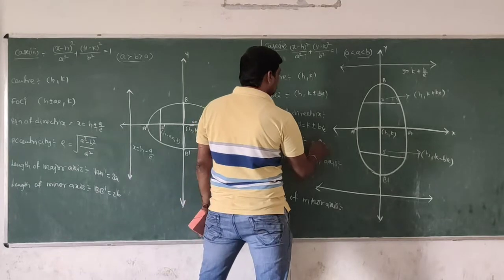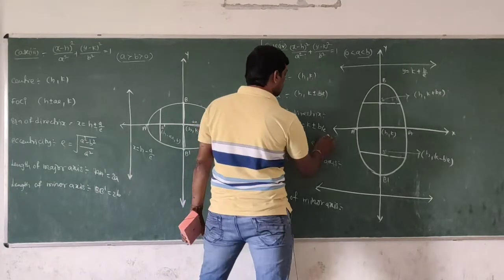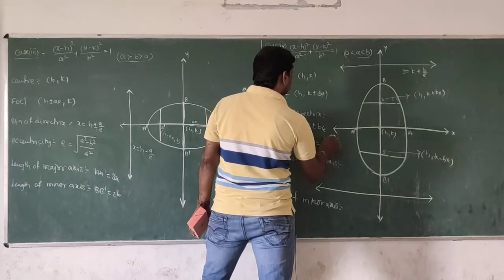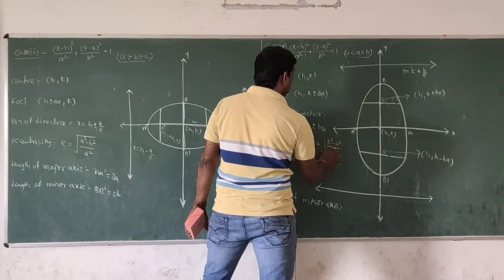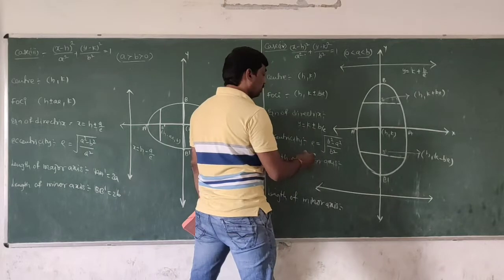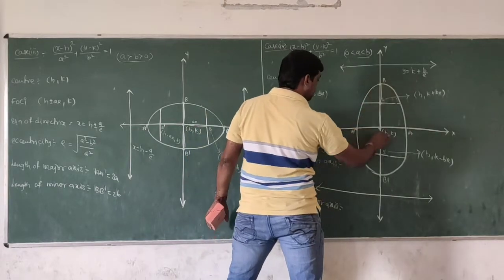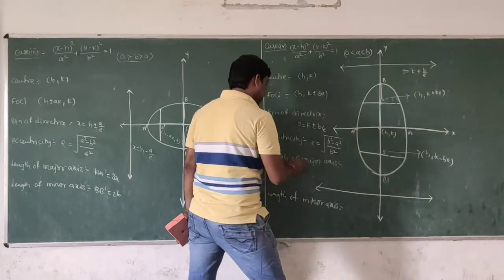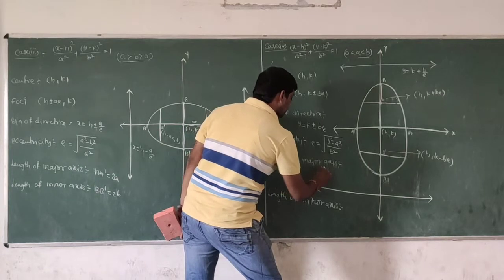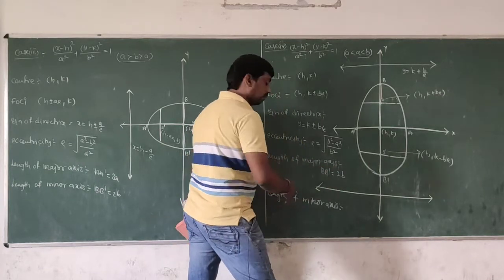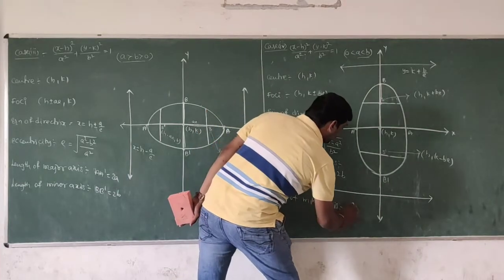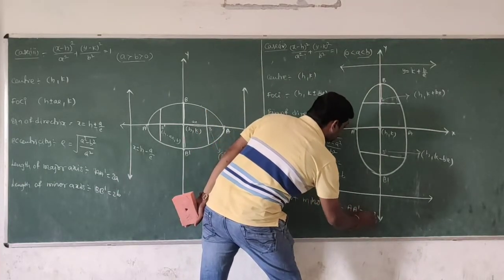Eccentricity, again second case formula, e equal to square root of, here b greater than a, that's why b square minus a square by b square. Okay, length of major axis is this one, so b dash. So length of major axis is b dash equal to 2b. Length of minor axis is a dash, which is equal to 2a.